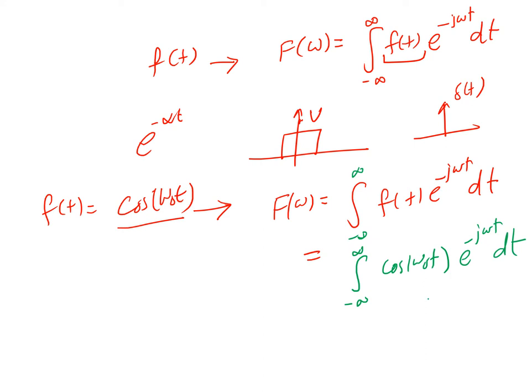Now you have to solve this integration. If you try to solve it, it will take a lot of time, because you have to do integration by parts and memorize all the different integration rules.